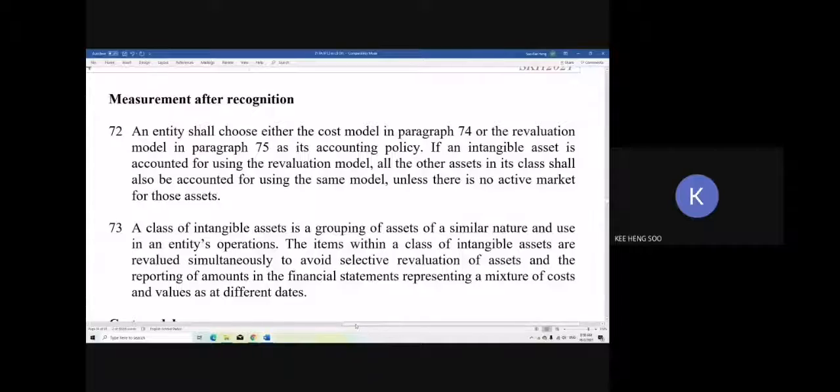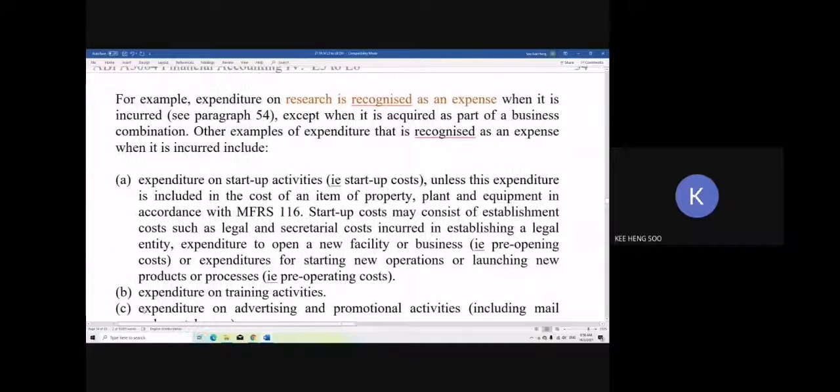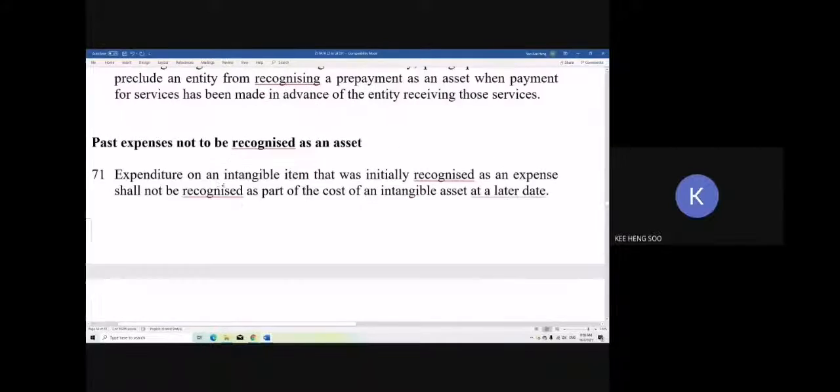Past expenses cannot be recognized. Initially recognized as expenses, cannot be asset at a later date. This is the keyword. Originally the 900, you can use your pencil to jot down.